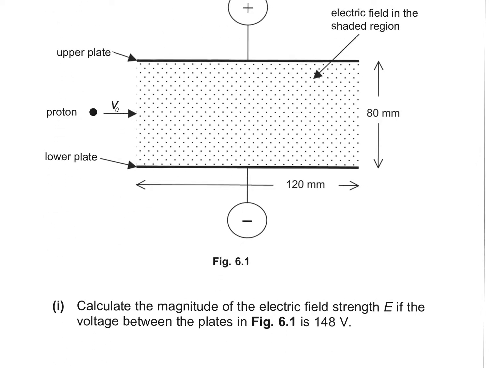Calculate the magnitude of the electric field strength E if the voltage between the plates in figure 6.1 is 148 volts. This is a straightforward use of an equation from your notes: the electric field between parallel plates is simply the voltage over the distance between the plates.